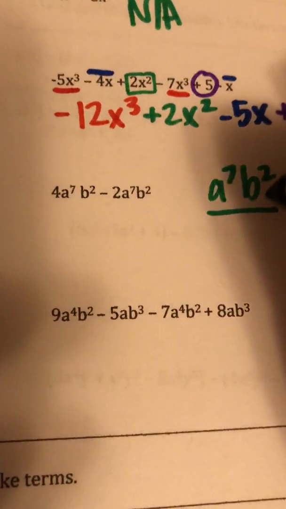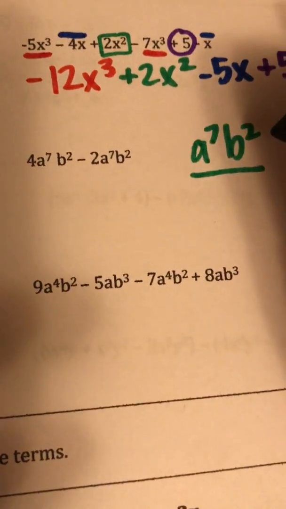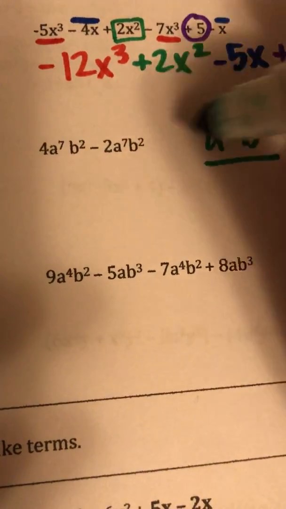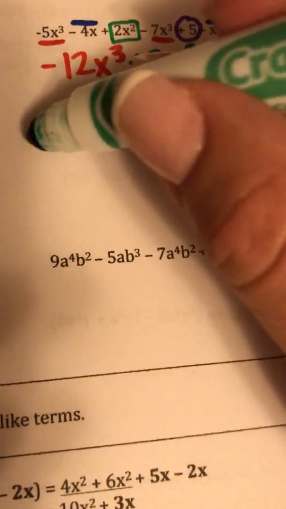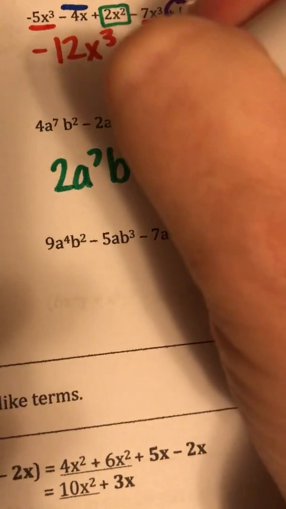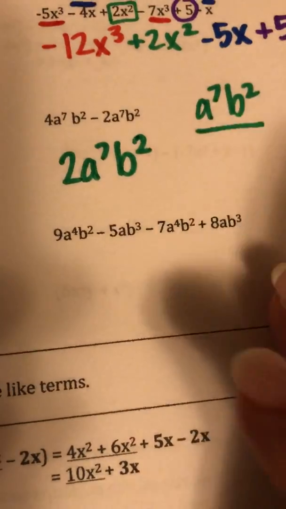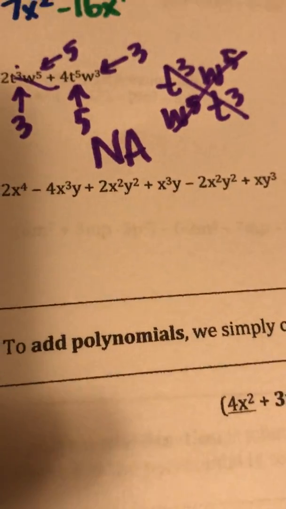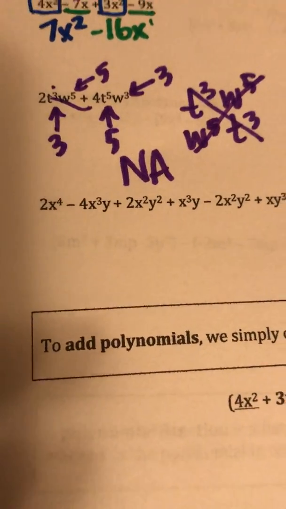Both terms have the variables a to the 7th b squared. So since they both have the same variables to the same power, we can combine them. So 4 minus 2 is 2a to the 7th b squared.